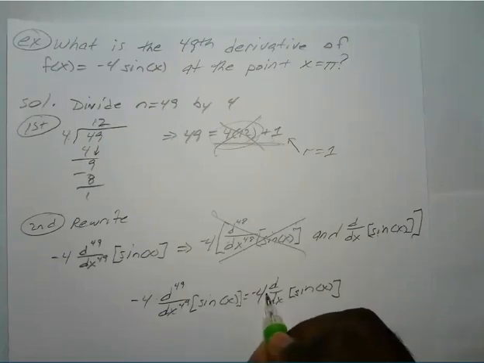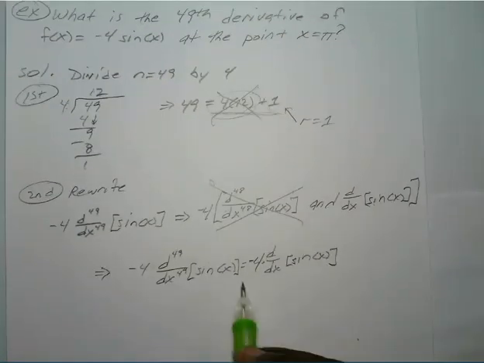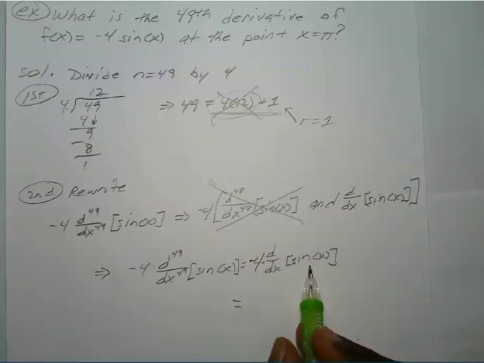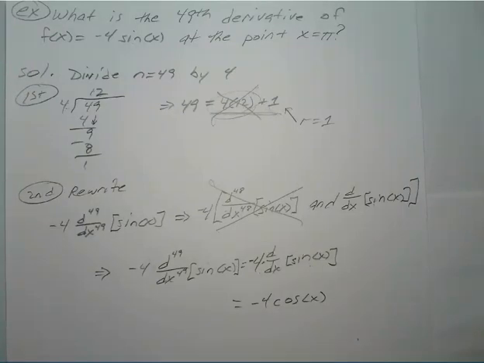So -4, there we go. So -4 times the derivative of sine is -4 times cosine of x. So our 49th derivative equals -4 cosine of x.